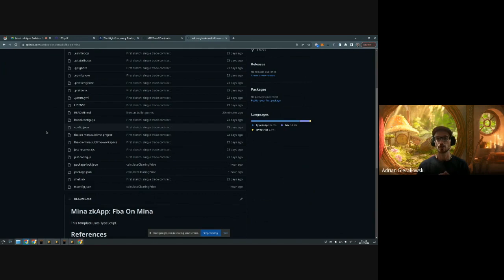And with batch auctions, people submit orders, and they are gathered, batched together, and periodically executed at a single price, which is sort of like an average or the best price for all the orders that cross.